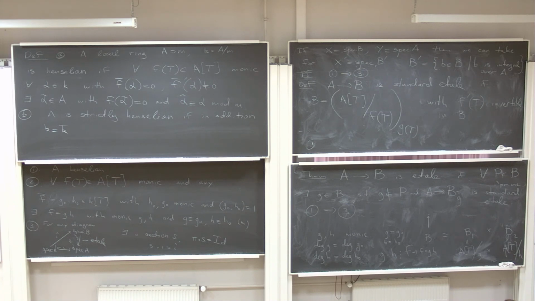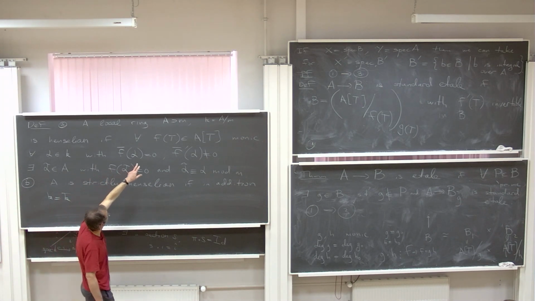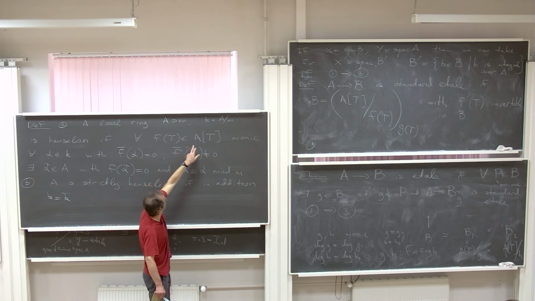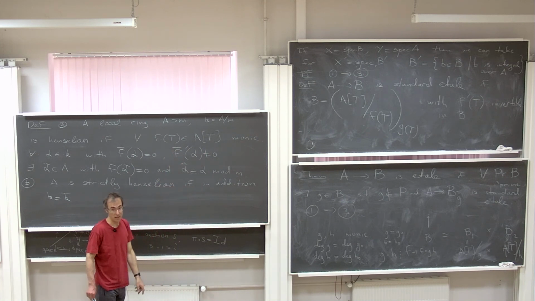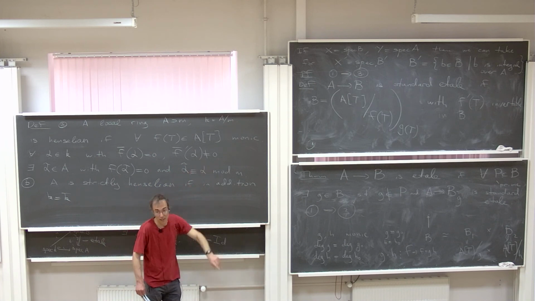No, okay. So clearly, if you have a picture like this, like in 1, you just take A of t mod f, and then after localization, you get a standard étale map.